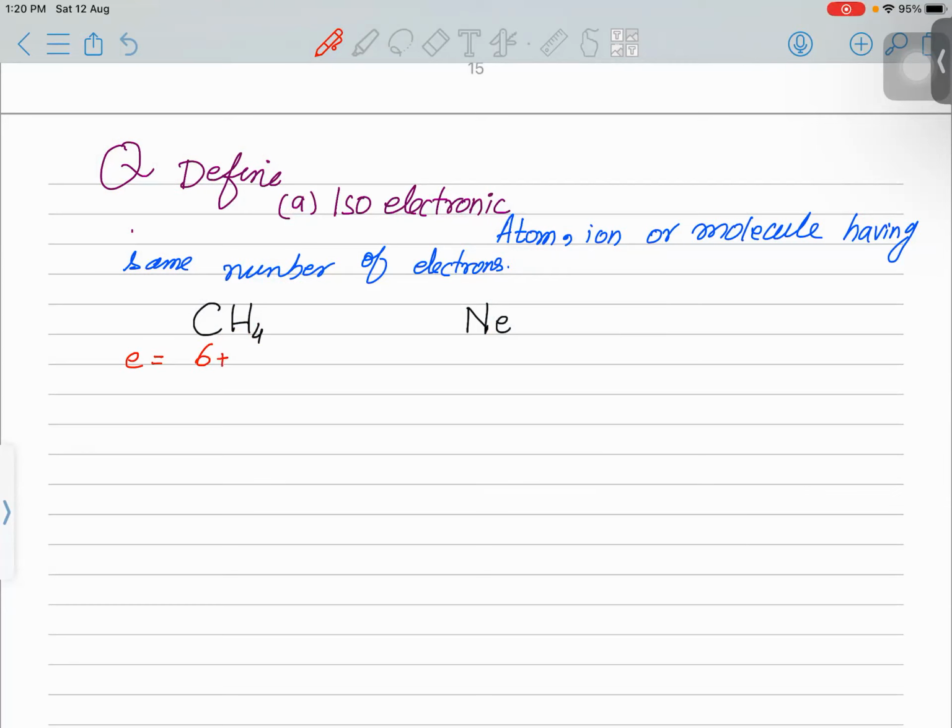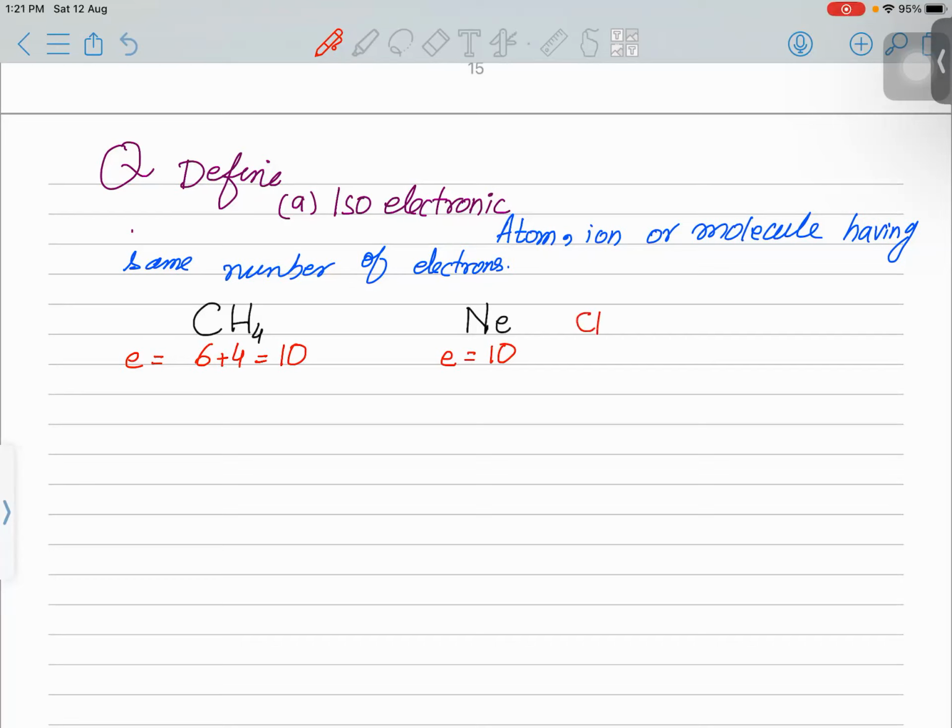And 4 for hydrogen, so the total electrons is 10. And how many electrons in neon? Neon also has 10. So both have 10 electrons.